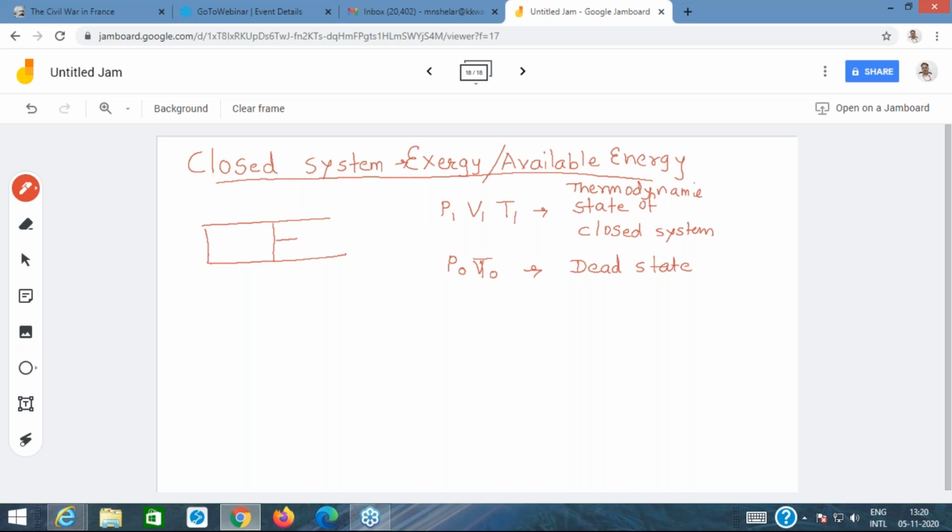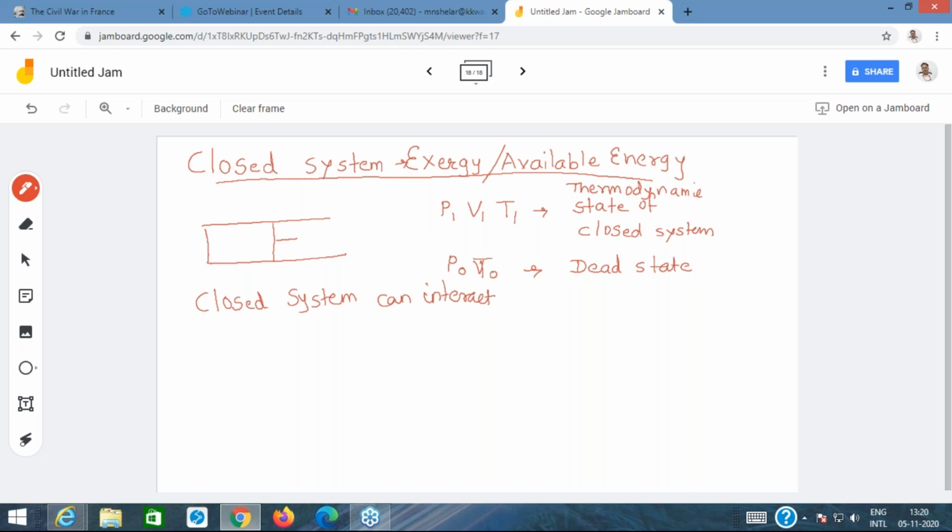Now, the closed system, as I said, can interact with the surroundings by two methods. And what is that?